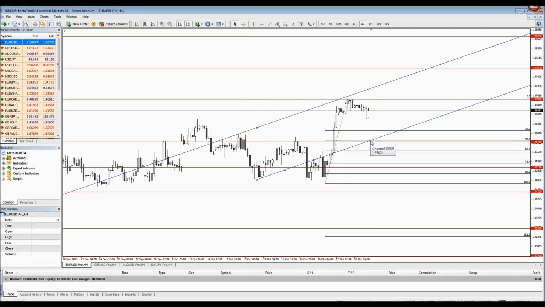Euro dollar likes 50 retracement. And look at this: this channel bottom stands just at a 50-point retracement of the last swing up.